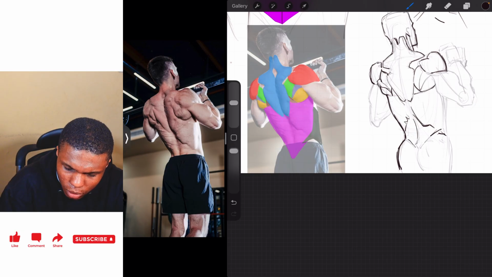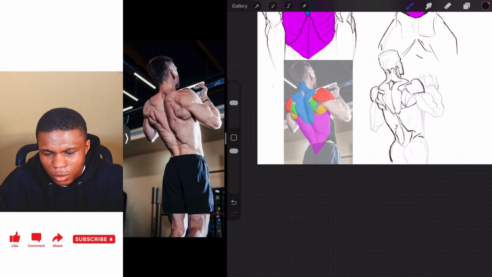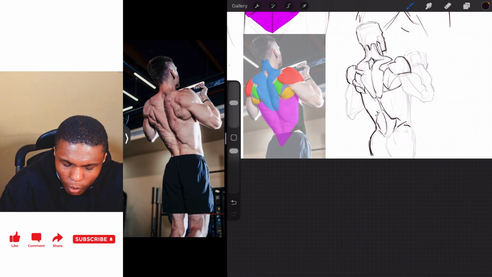Some people would say this here is the erector spinae, but the lat is overlapping it, but you can just have it at the back of your mind. Our traps put our diamond shape. So that looks kind of cool.